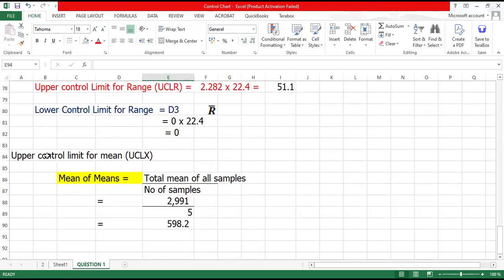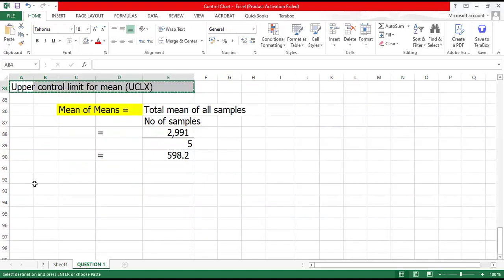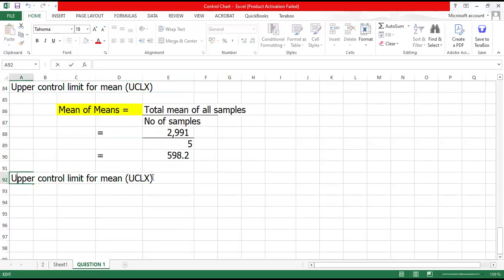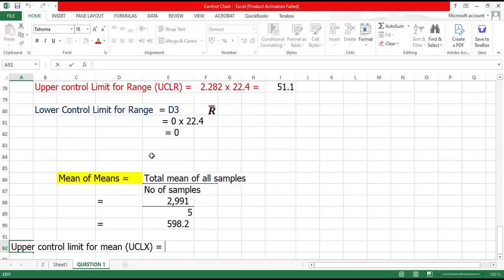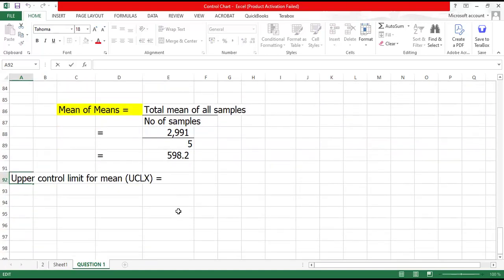From your mean of means, go ahead and get the upper control limit. Upper control limit will be equal to, you follow the formula. You have a mean of means, which is 598.2.